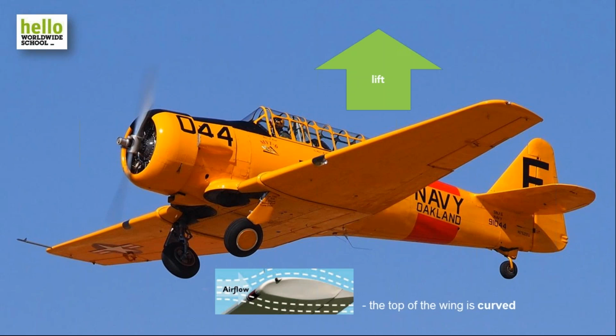Now, what does actually happen around the wing? Okay, this is very interesting because you see, as the plane moves, air flows over its wings, right? You can see that in the picture, right? And the top of the wing is curved, right? It's not straight, it's curved. And this is what makes the air above the wing move faster than the air under the wing, right?